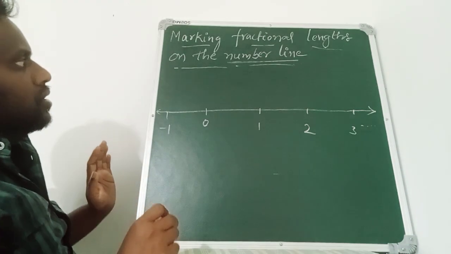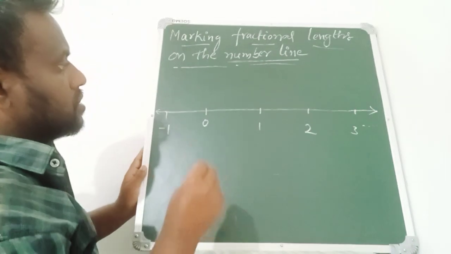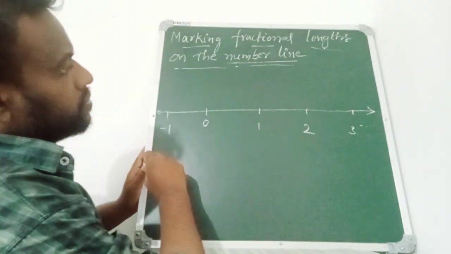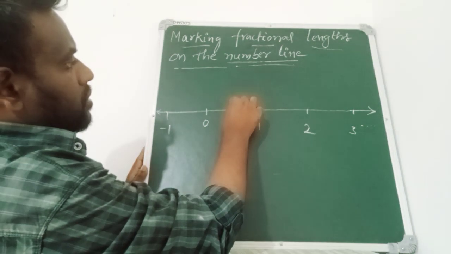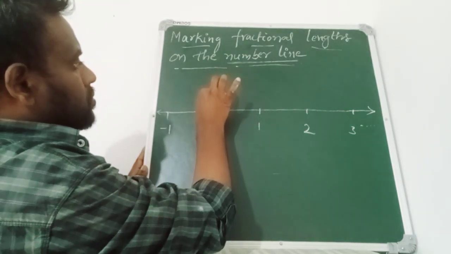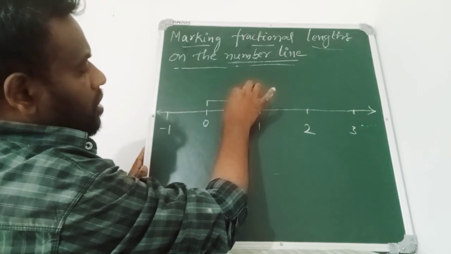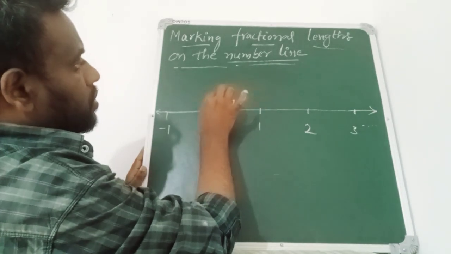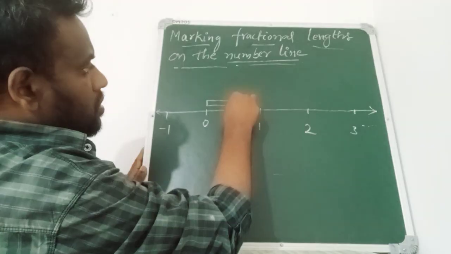Okay. Now what is the concept? First I will draw a line. You will understand. One shaded line here. Not a line, a box kind of thing I will draw. This is a box. Okay.